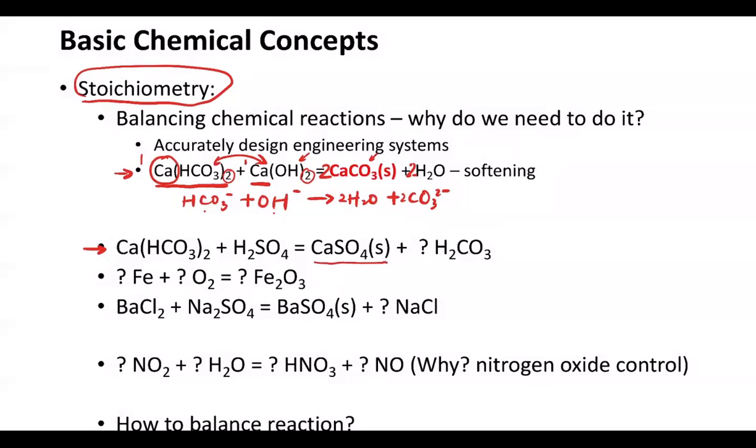So basically, we can also use this reaction to remove the calcium ion from the water, okay? And the result is that it's going to form carbonic acid. So to balance this equation, we also need to write out the ionic equation. Again, this ionic reaction involves the bicarbonate ion, okay?